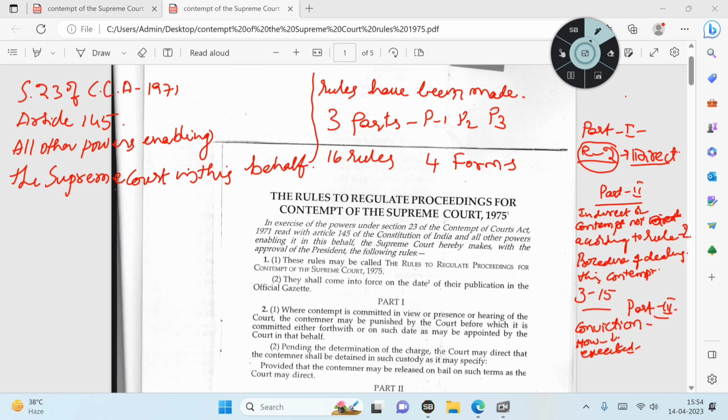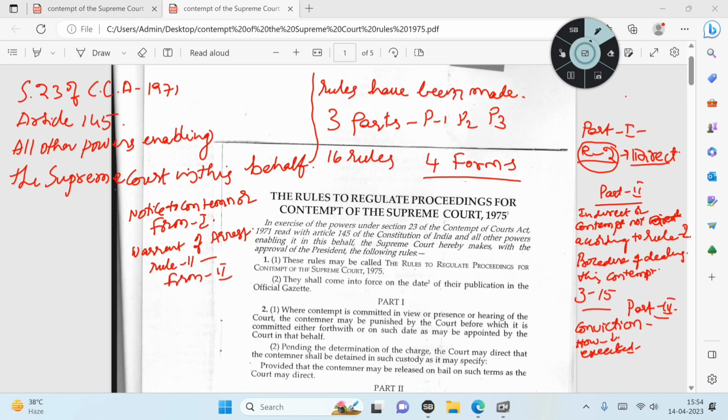Coming to the forms. The notice to the contemptor is Form 1. Next, the warrant of arrest, as envisaged in Rule 11, is Form 2. Next, bail and bail bonds, that is original jurisdiction, is Form 3.